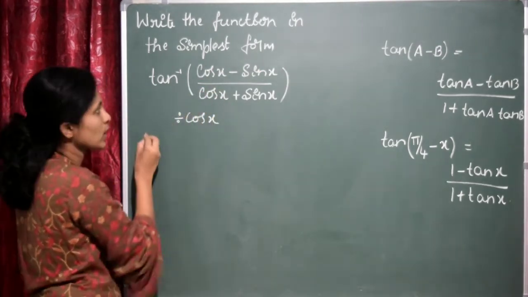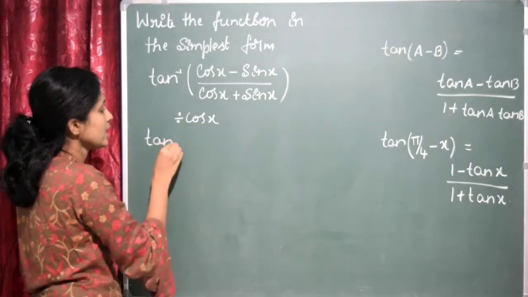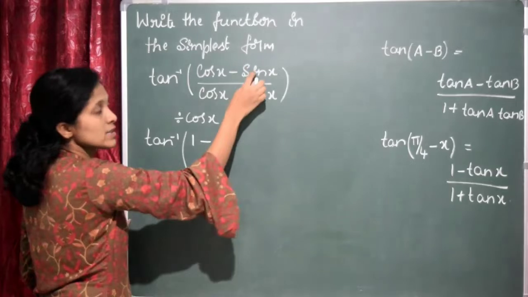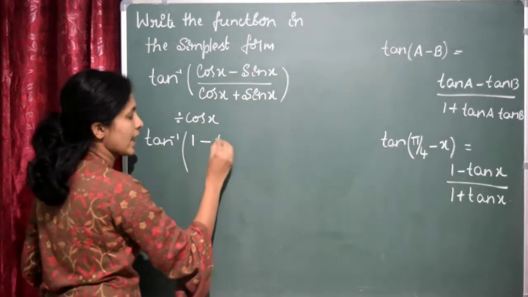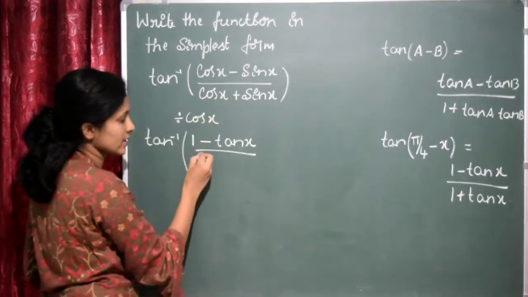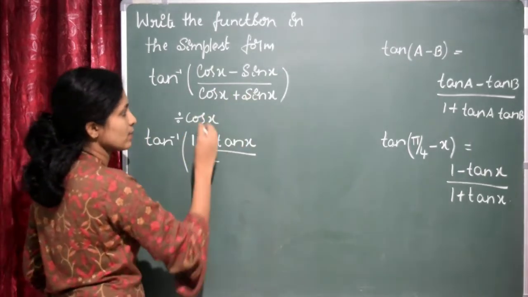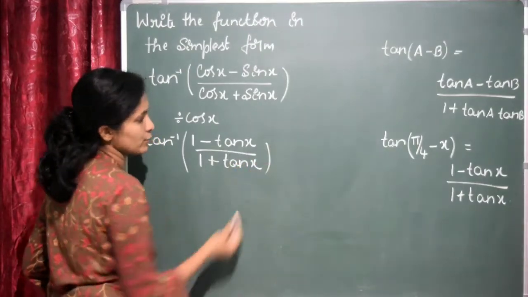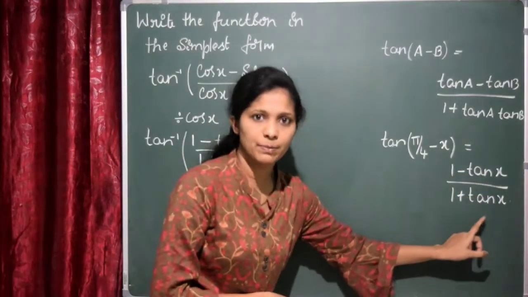So if you divide by cos x, this will be now tan inverse of cos x and cos x will get cancelled. 1 minus sin x by cos x will be tan x, divided by, here cos x and cos x will get cancelled, 1 plus sin x by cos x will be tan x. Now this is of the form 1 minus tan x divided by 1 plus tan x.